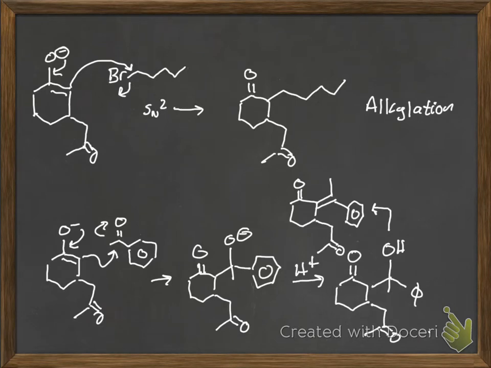And that is your product. All right, so that is an alkylation. This is an aldol. What about Claisen? Easy peasy.